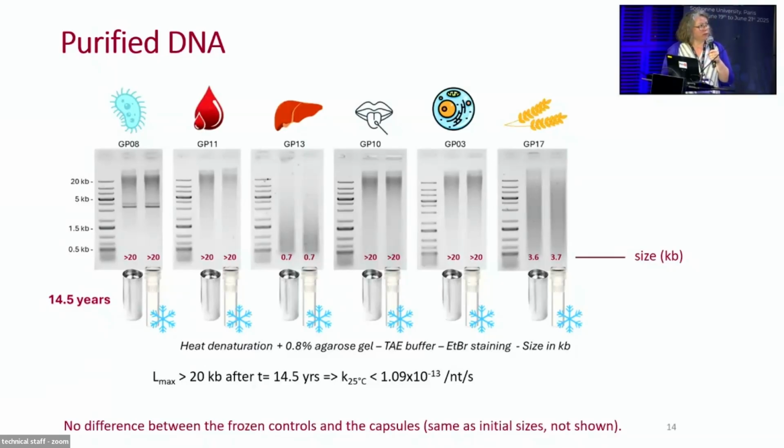If we have more than 20 kb here, high molecular weight DNA, we can calculate from the model that I showed you earlier that it corresponds to a degradation rate less than this value here. So because it's still high molecular weight.